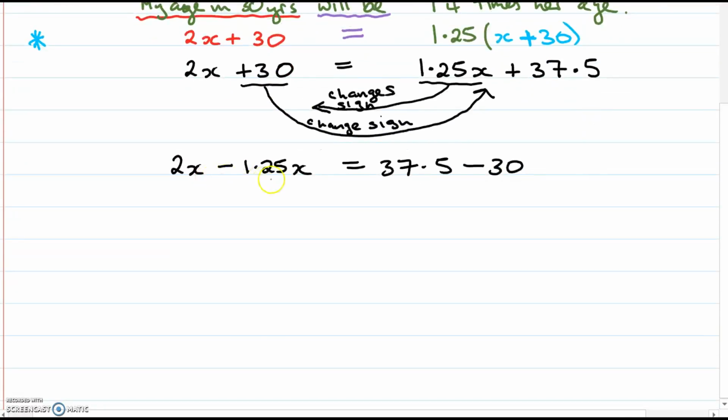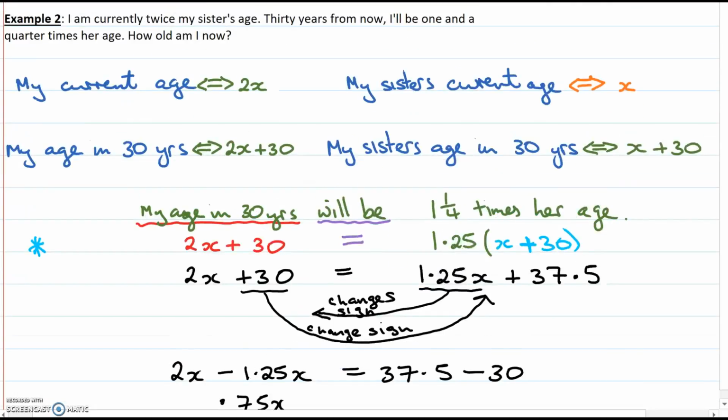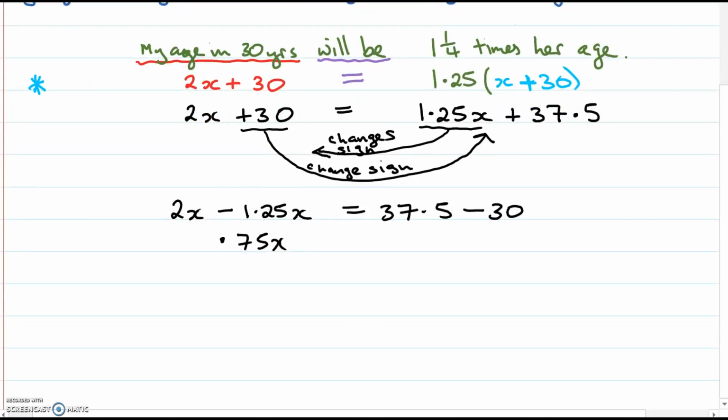And we have 2x minus 1.25x, that's 0.75x. And on the other side we have 37.5 minus 30 is 7.5.